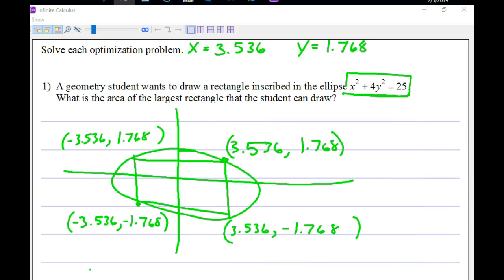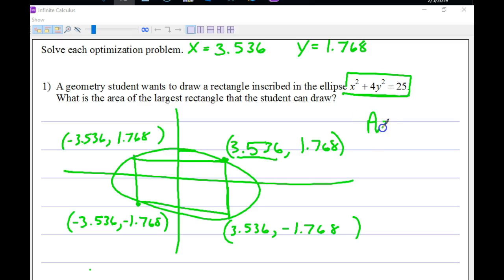Okay, so I've kept my y values up there at the top. I've got them written over here. So now they want the area of this rectangle. So the area of the rectangle is basically going to be whatever this x value is times 2 and whatever this y value is times 2, because this y value is doubled this way and this x value is doubled this way.